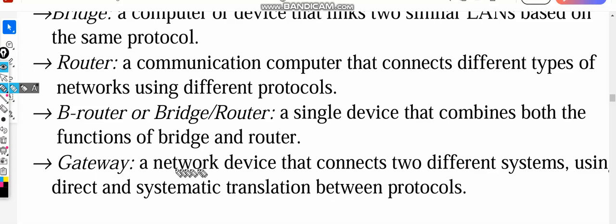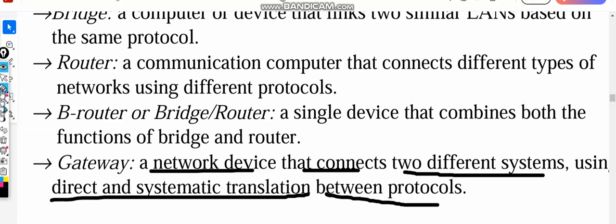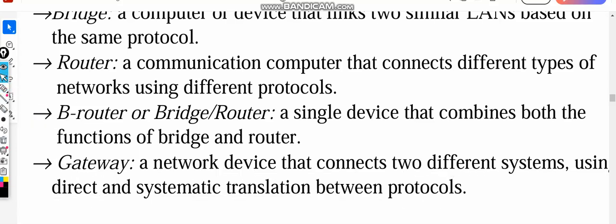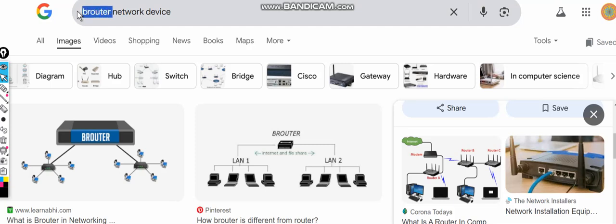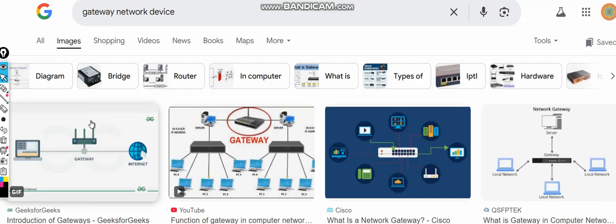A gateway is a network device that connects two different systems using direct and systematic translation between protocols.